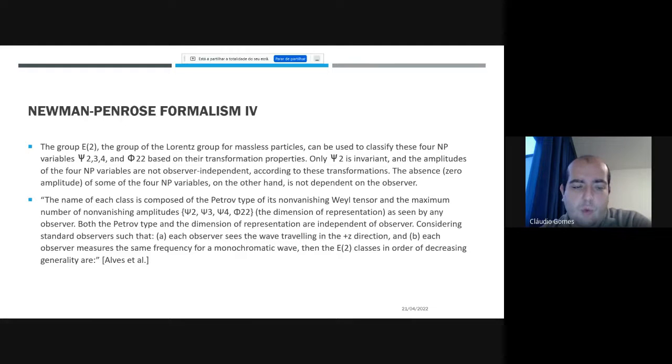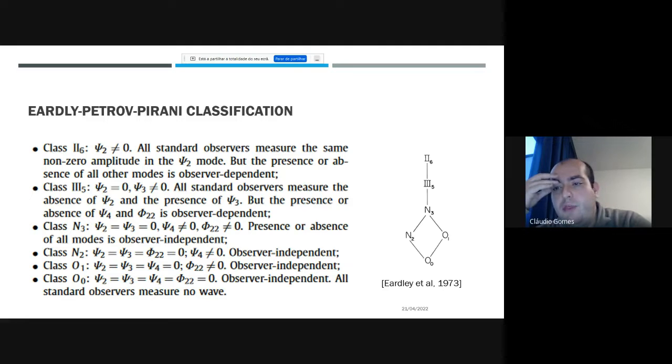Okay, so this is a way to classify gravitational waves. In a mathematical sense, we can picture this in a decreasing generality over here. So these classes II6, III5, etc., according to the vanishing or non-vanishing of these Newman-Penrose quantities, not only have a physical meaning, namely it can be observer independent or not, but it can also allow us to really classify a gravity theory.